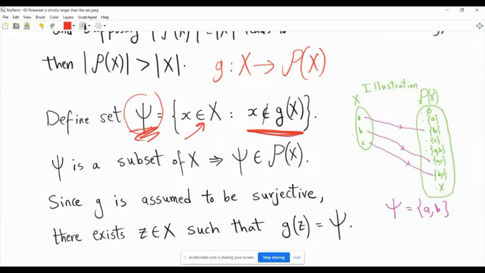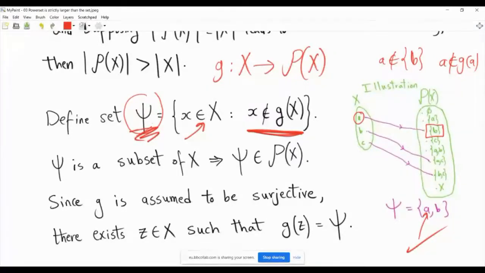So set psi is formed as follows. We will go through each element in big X. Let's start with A. A is mapped to the subset which contains B. So A definitely is not in this subset, so A is in psi. Why? Because A does not belong to G of A; G of A is the subset that contains the element B. So A is with us.